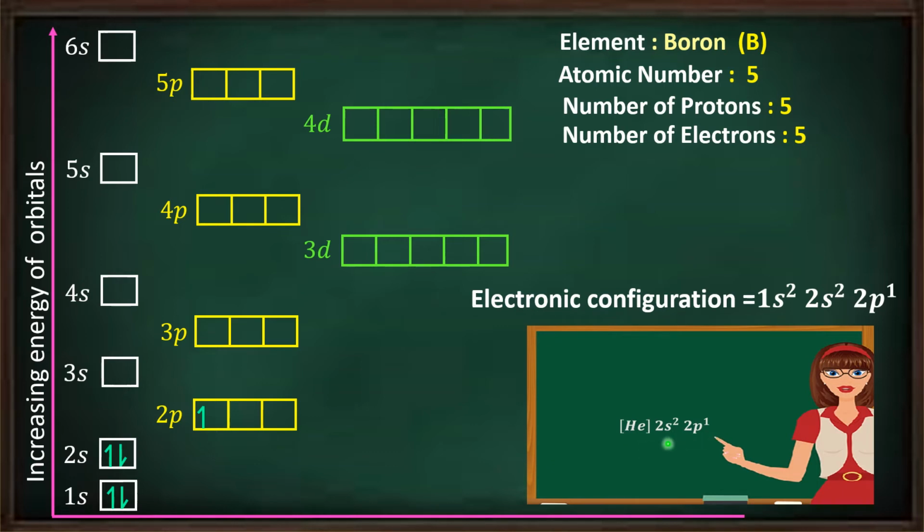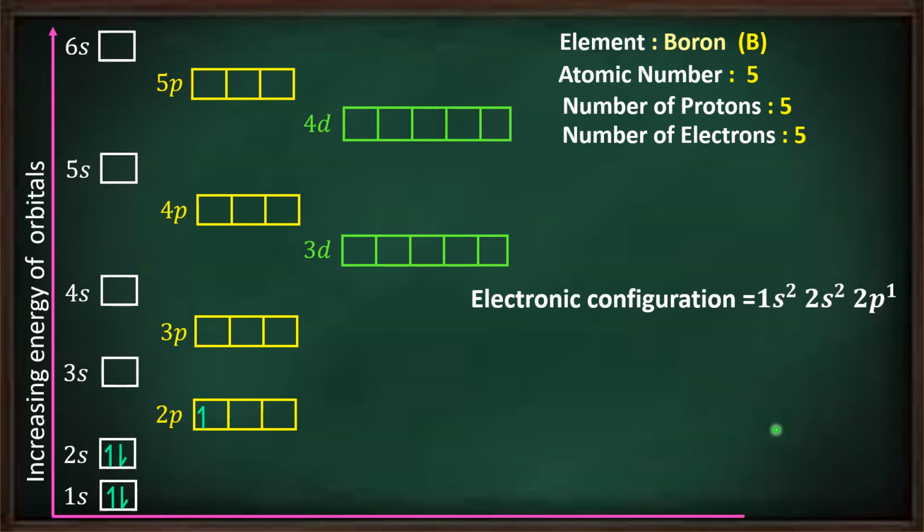Before this outermost configuration we have the helium configuration. Okay, so 2s2 2p1 is the outermost electronic configuration of boron. So this is the electronic configuration of boron atom.